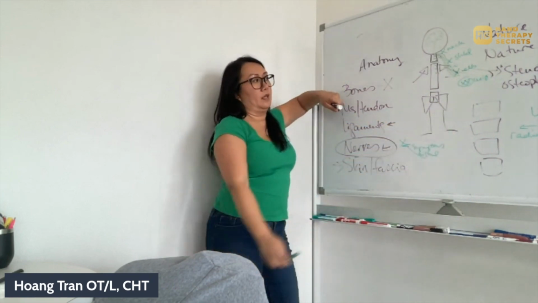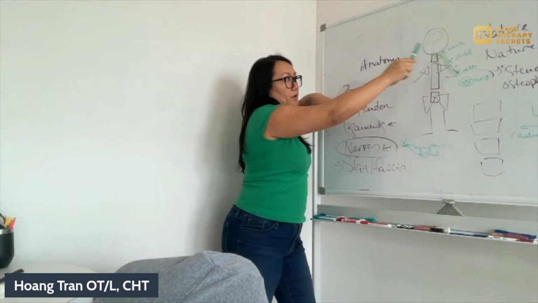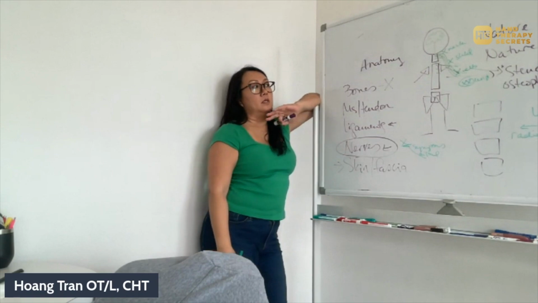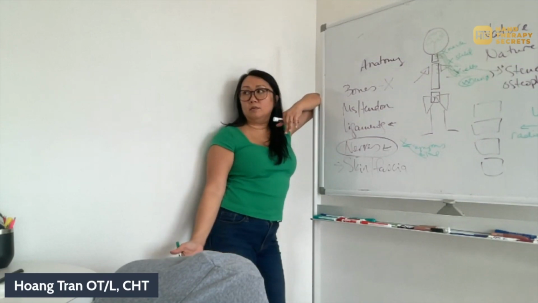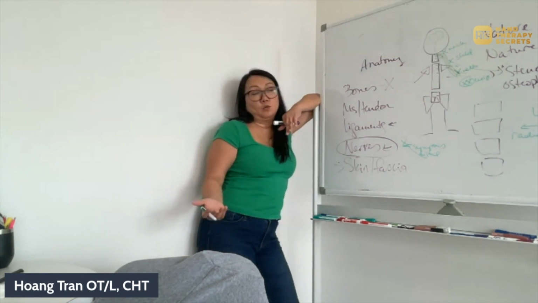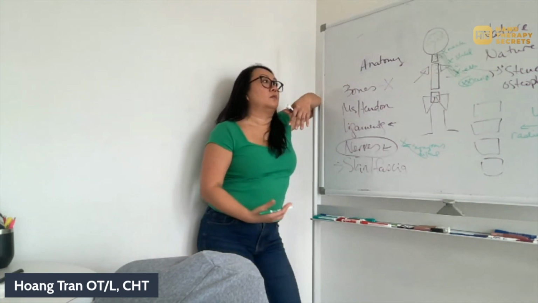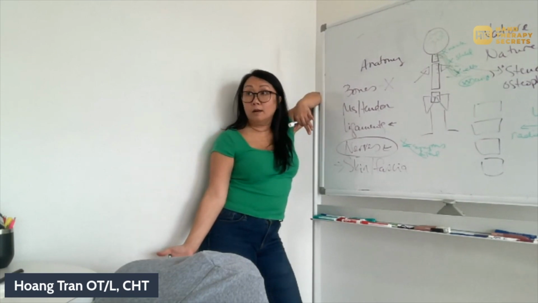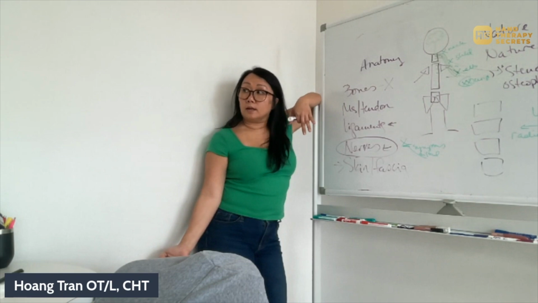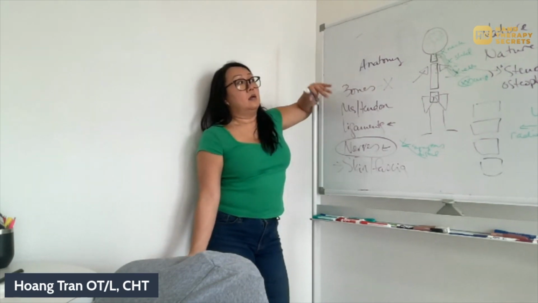Correct? So we can say, well, the symptom is at the wrist. So we have to look at the elbow, we have to look at the shoulder, and we have to look at the neck. If we keep treating only at the elbow, we're not going to get results, which we haven't. We're treating at the shoulder, we're not necessarily getting results either, right? So we really need to look at the neck too, right?